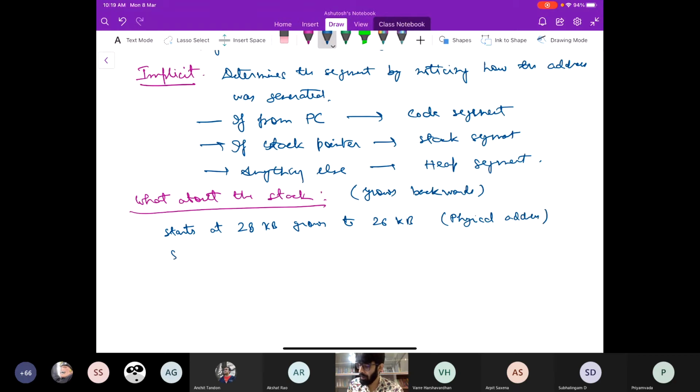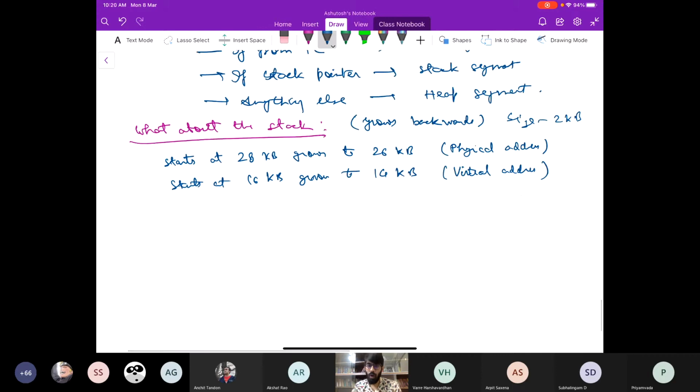And in virtual memory, it starts at 16 KB and grows to 14 KB in virtual addresses. So its size is 2 KB. So now to handle this backward growing thing, some more hardware support will be needed.